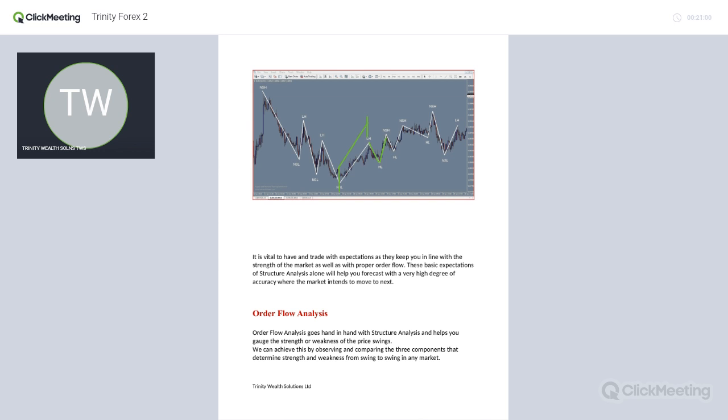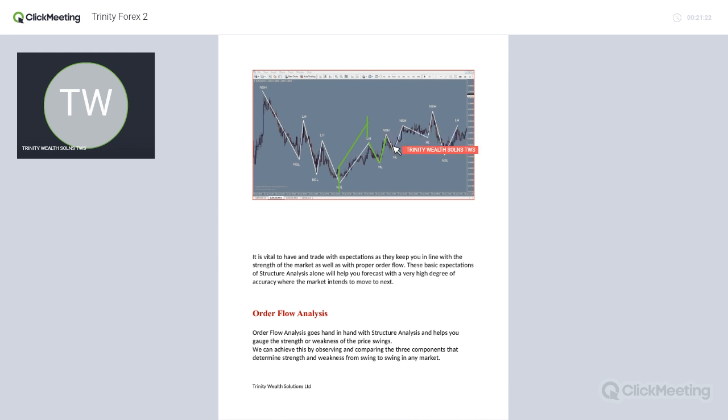As long as it is an uptrending market, our expectation is that every time it resumes the uptrend, it prints a new structure high, it retraces, gives us a higher low, then it resumes and prints another new structure high. Okay, so that is our expectation.